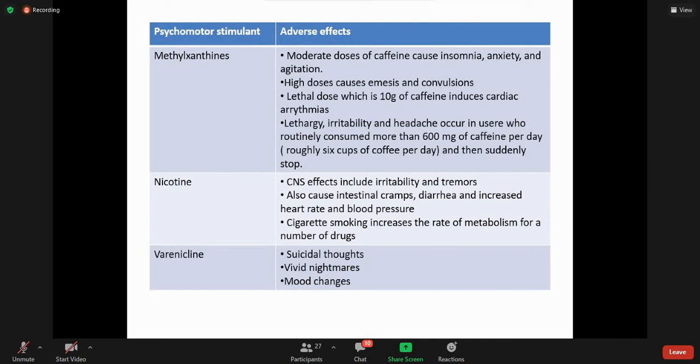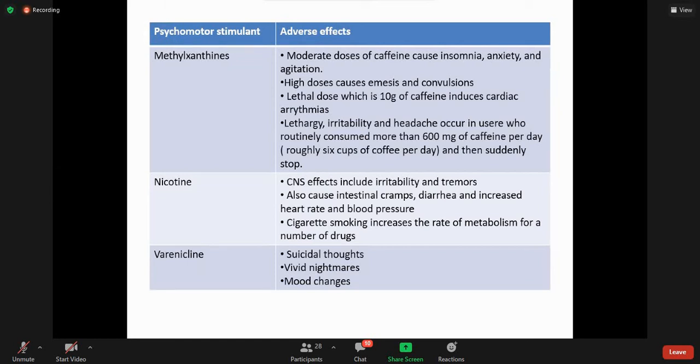Varenicline, which can be used in smoking cessation therapy, may cause suicidal thoughts, vivid nightmares, and mood changes, right? So these are some side effects of varenicline. That is why its use is not common; initially we prefer other approaches.